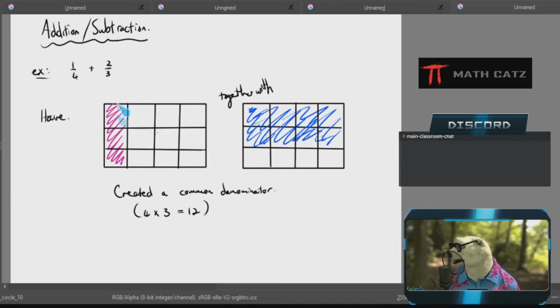Because I had 4 pieces originally, split that one into 3 pieces, that's exactly multiplication. How many pieces do I have? In the second one, I did the same thing, just the other way around. So the result's going to be the same. So what I've actually done here is converted this 1/4 to an equivalent fraction 3/12.